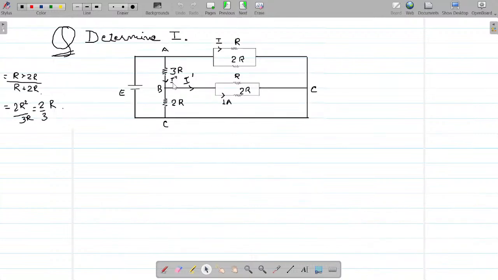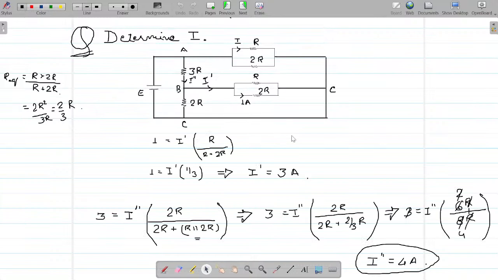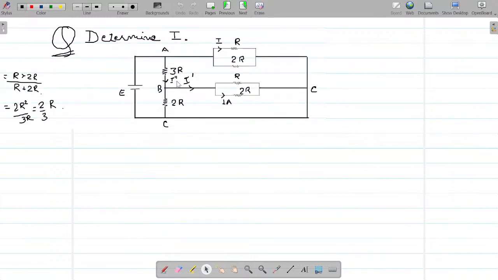See, we have calculated I double dash to be 4 amperes. So till here we have reached. Now, can I calculate the current through the supply? Let me name it I triple dash. It will be by the same principle, right?